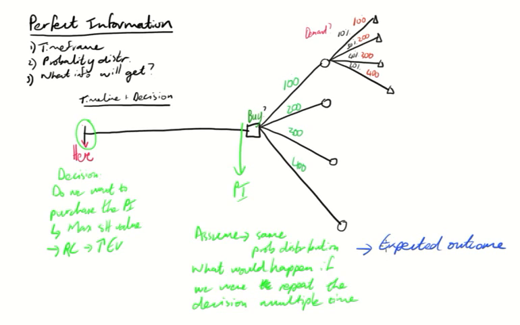And therefore, we won't have the same financial outcome as with what would happen if we did not have the perfect information. So the probability distribution stays the same because we are over here and we're making the decision in the future. Because we expect to repeat this decision multiple times, we can assume the same probability distribution.